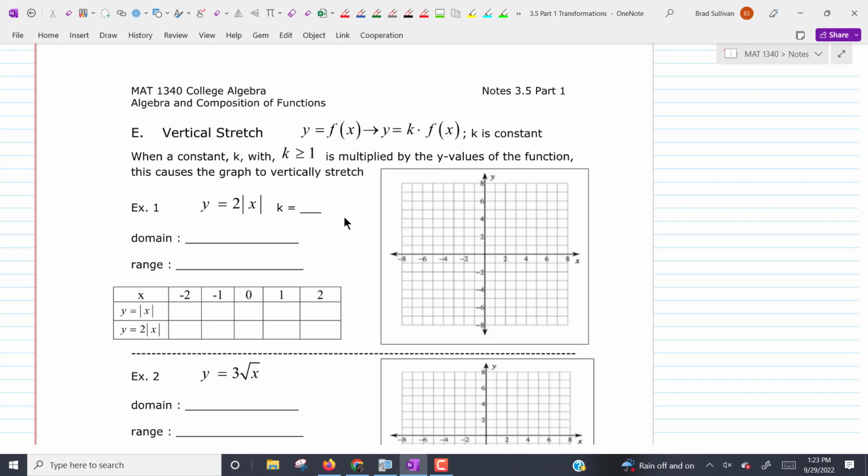So what you're going to find is this number in front, I'm just going to call that k. And I'm going to show you how this works, and it's arithmetic. Once you understand the arithmetic, then it's very logical how this works. So k is just going to be this number 2. So we're going to start the way we've been starting all these problems. We're going to fill out the absolute value of x, so that's just 2, 1, 0, 1, 2.